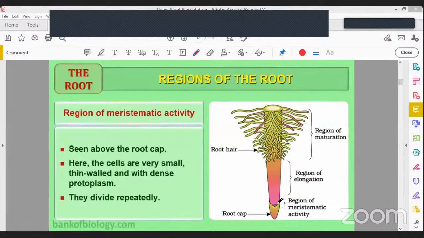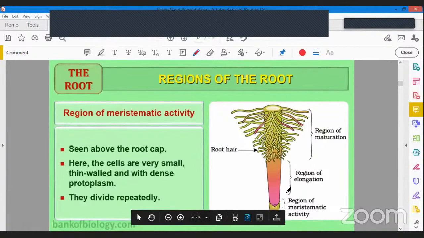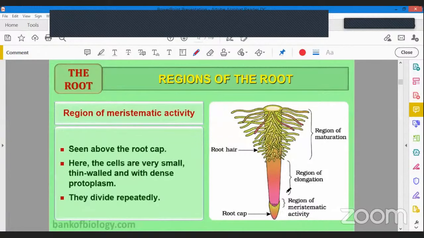There is a region of meristematic activity. Here the cells are very small, thin walled with dense protoplasm, and they divide rapidly. So what does it mean? Here they have meristematic cells. Keep that in mind.